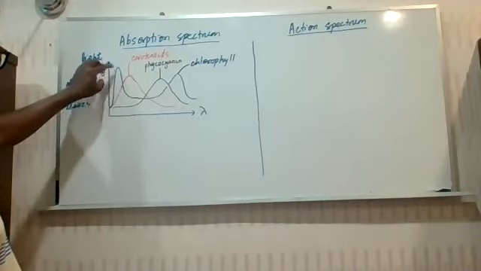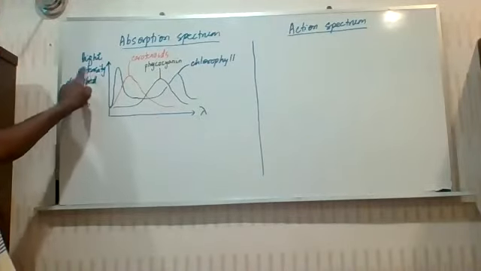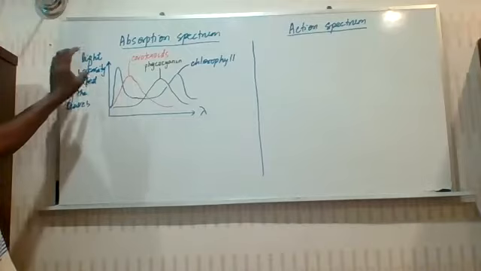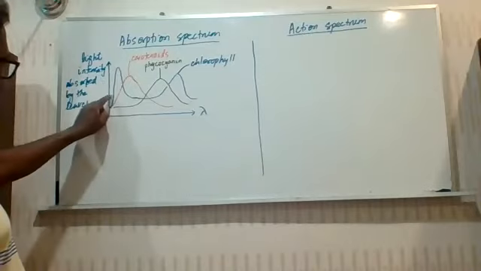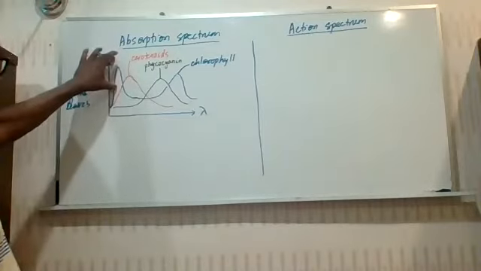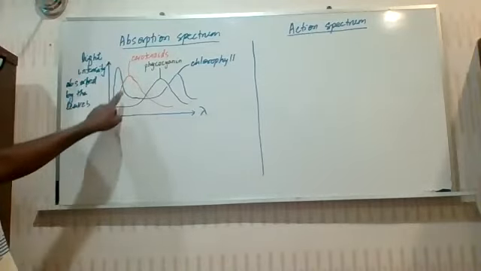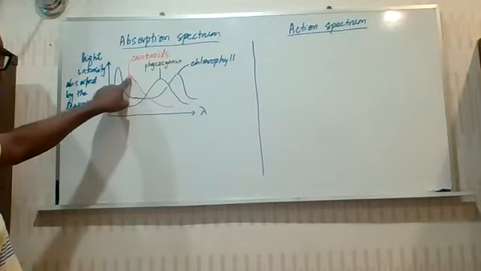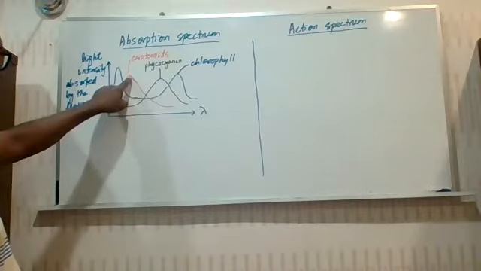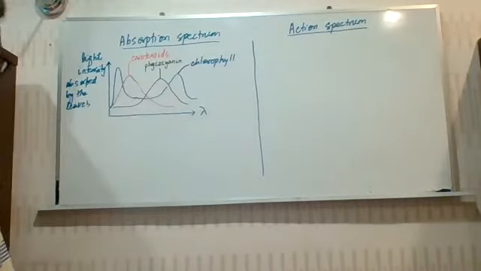Chlorophyll absorbs very high light intensity within this range. Carotenoids are able to absorb light within that range. That's the highest peak of intensity it is able to absorb, and that goes for phycocyanin.